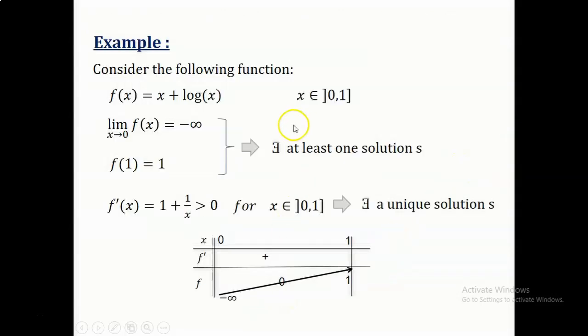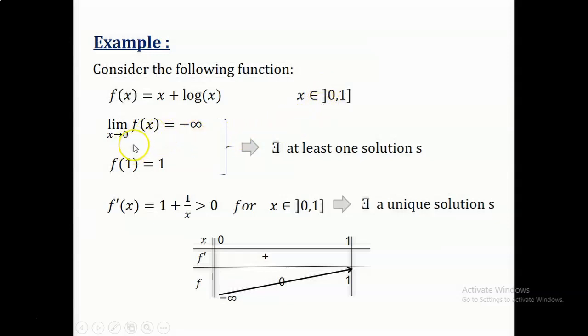For example, let's consider the function f(x) = x + log x, on the interval (0, 1]. Now, f(x) is not defined at 0, so that's why the interval is open here.